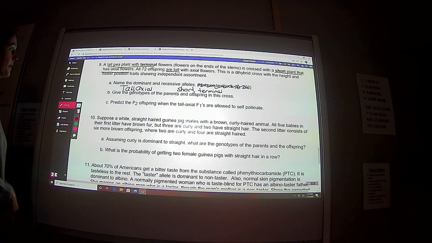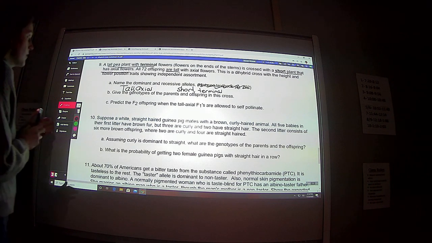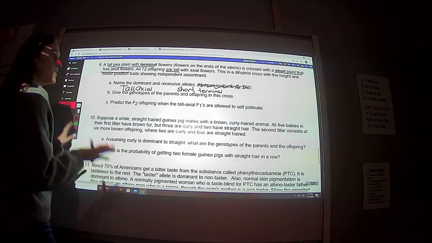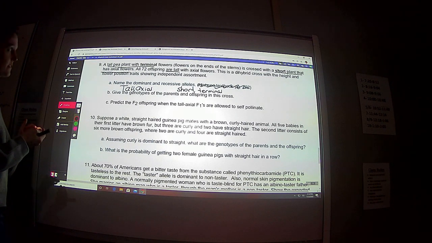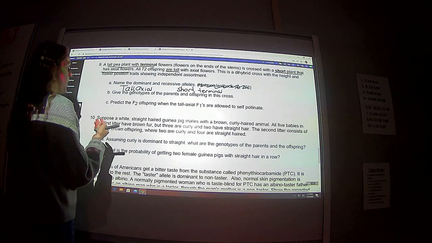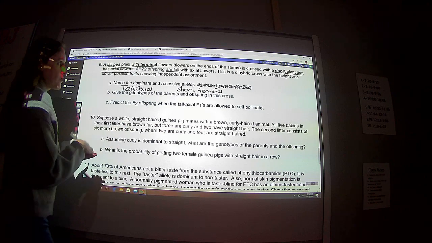Give the genotypes of the parents and offspring in this cross. If all of the kids were tall with axial flowers, but the parents were varying, the parents would have had to have been true breeding for this. Otherwise, we would have had a mix of traits in the children, meaning they would have been more than just tall and axial.